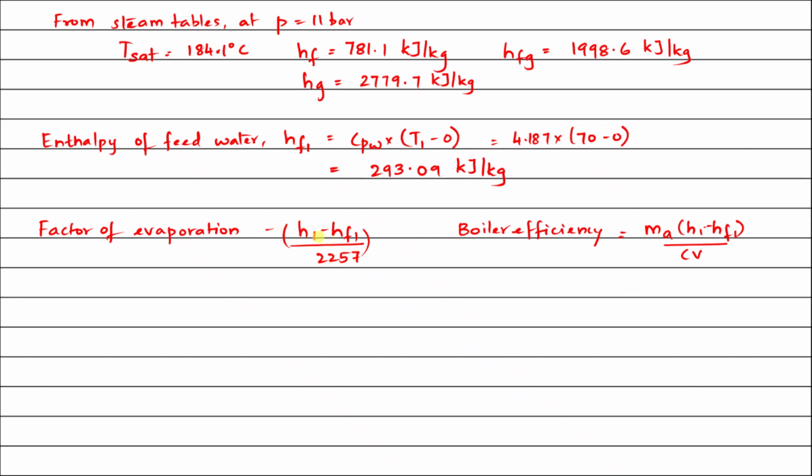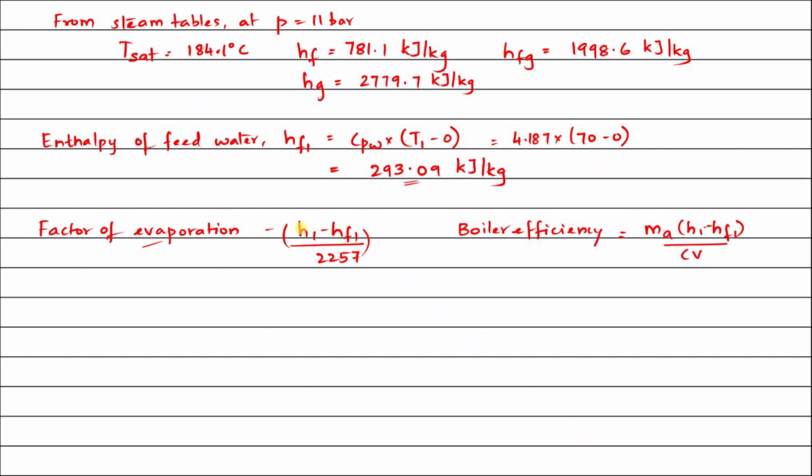Looking at both these expressions, in the case of factor of evaporation, I know its value, and 2257 is also given. HF1, 293.09, we just found out. So from the expression for factor of evaporation, I can find out the enthalpy of steam exiting the boiler.